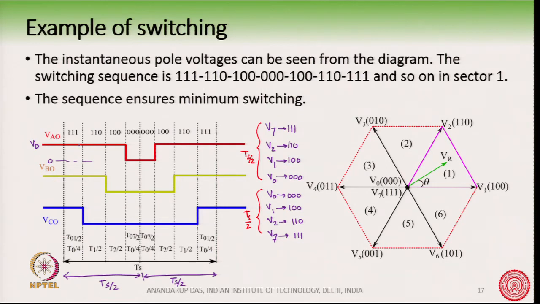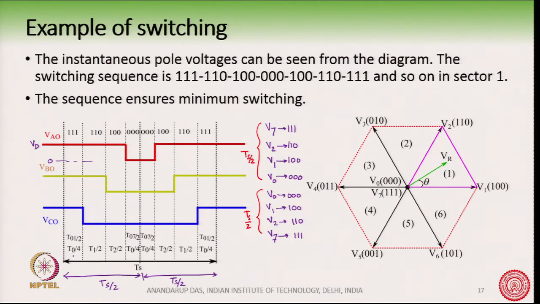The pole voltages, for example, in the first interval we have V7 vector, which means we have applied 1 1 1. So, during this first Ts by 2 period, the first interval is T01 divided by 2, because now we have divided the whole Ts period into Ts by 2 and Ts by 2.